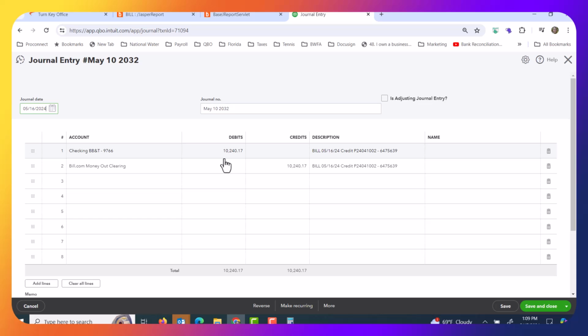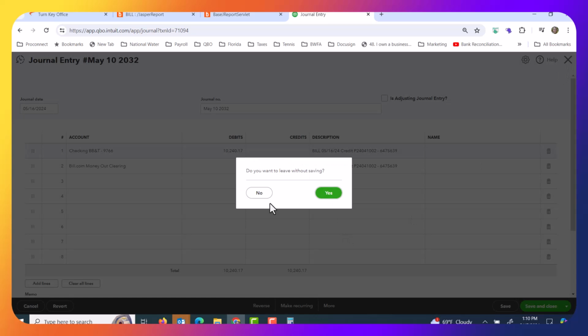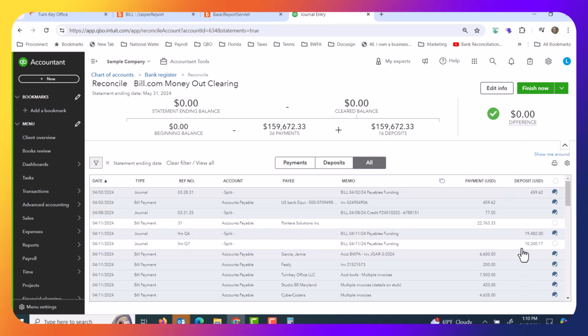and put that back into payables. So for this purpose, what it looks like happened is that a bill payment went out, it got funded. I'm not going to save this right now. It originally got funded back here on April the 11th, but because the bill payment got voided, that's why we can't reconcile it.